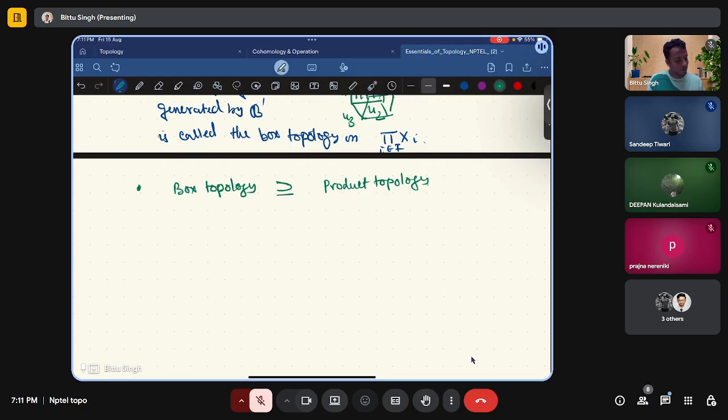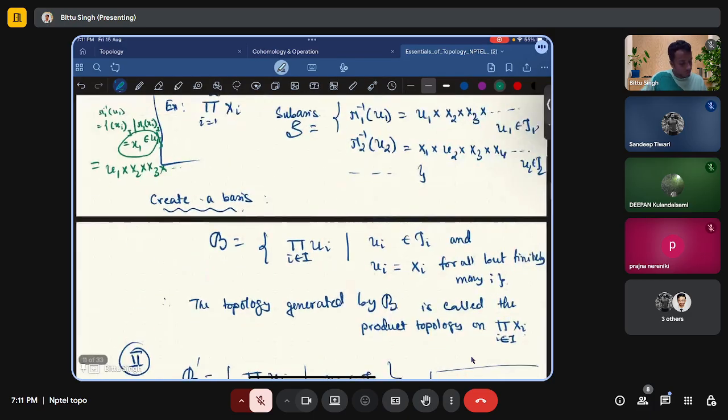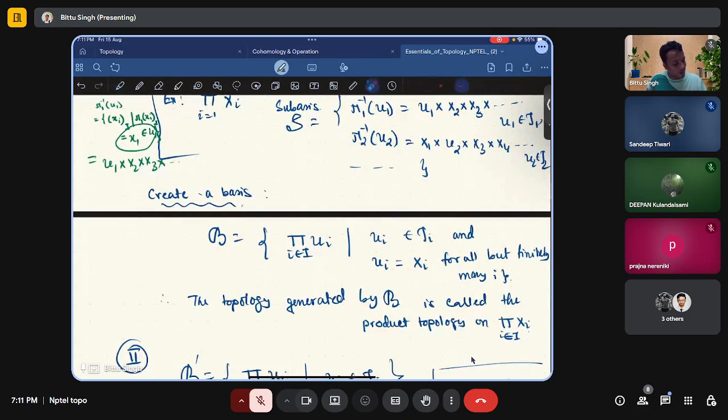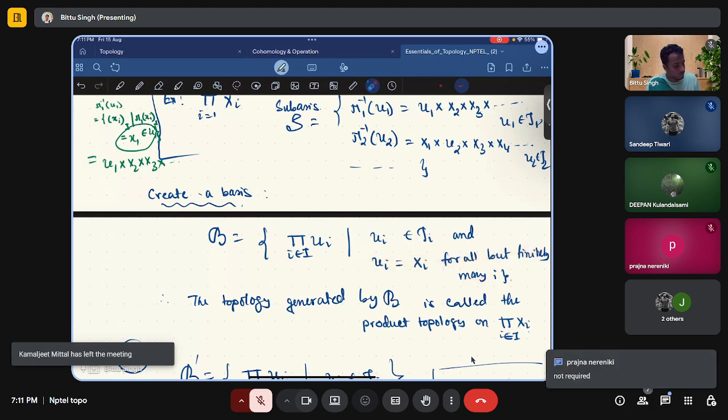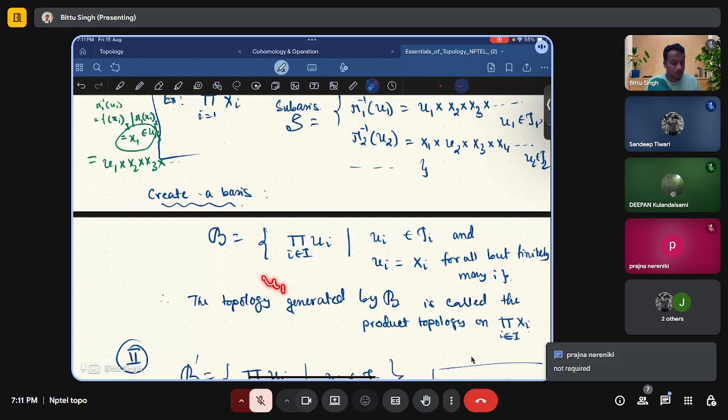And moreover, just note that if I is a finite set, is this condition any meaningful condition? Then you can avoid this condition, because everything is finite.